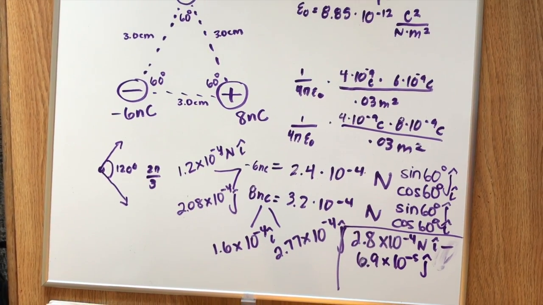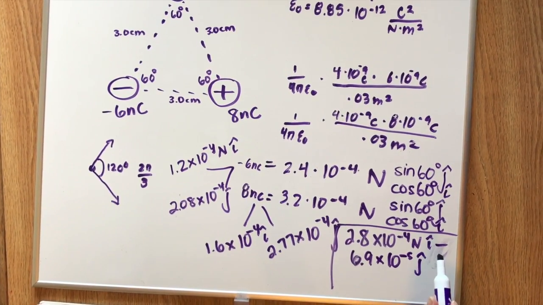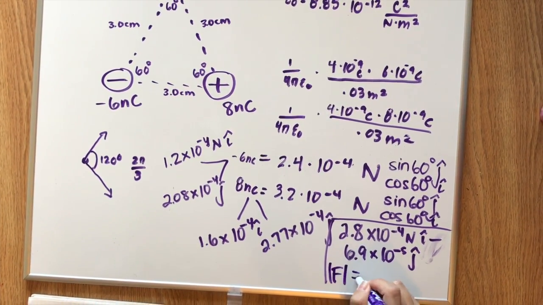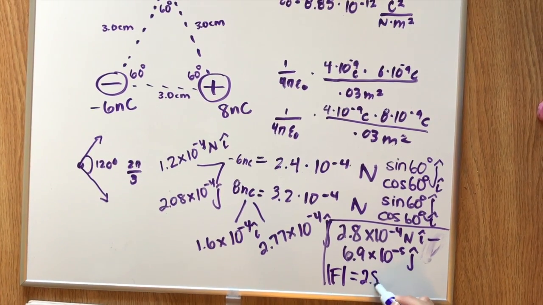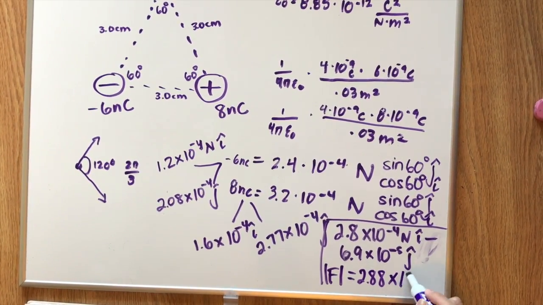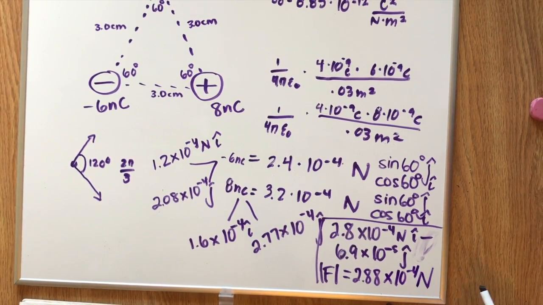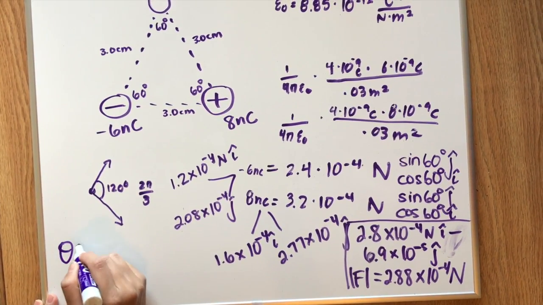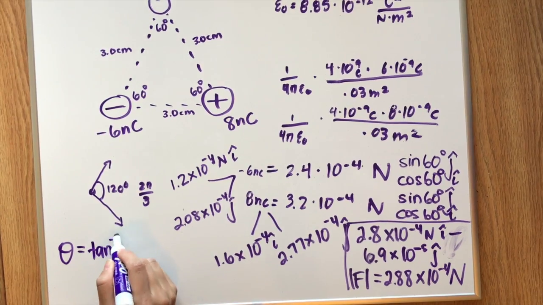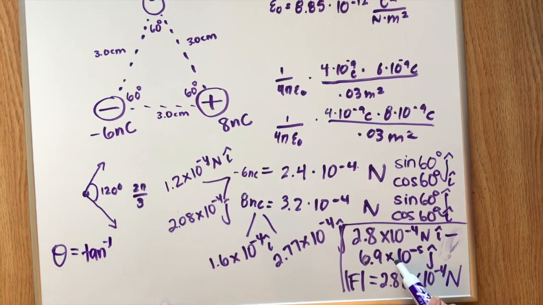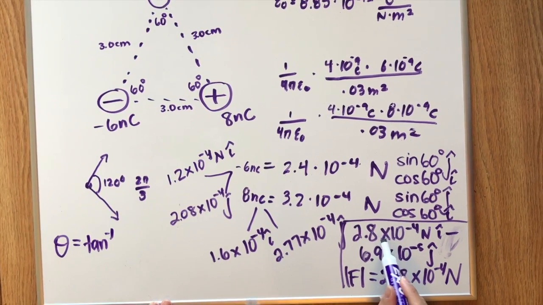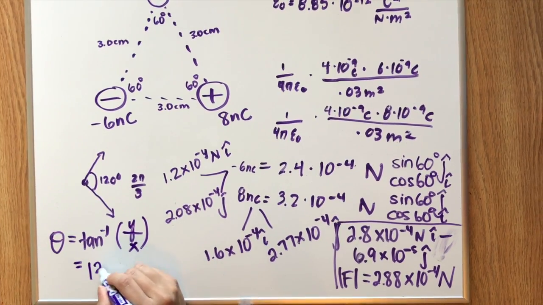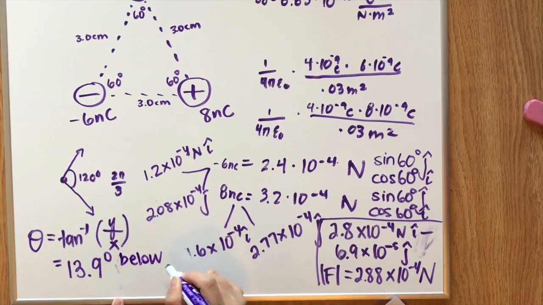And then to find the magnitude of these, you would just do the square root of each of these squared added together, and you'll get that the total force magnitude is equal to 2.88 times 10 to the -4th newtons. Once we find the magnitude, we have to find the direction. So in order to find our theta, we're going to do tangent inverse of this component over this component, so the y over the x, measured from the x-axis.